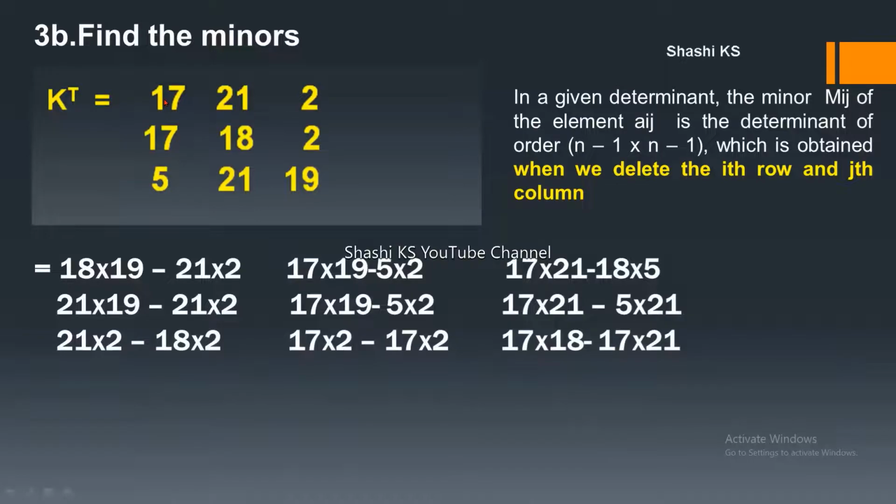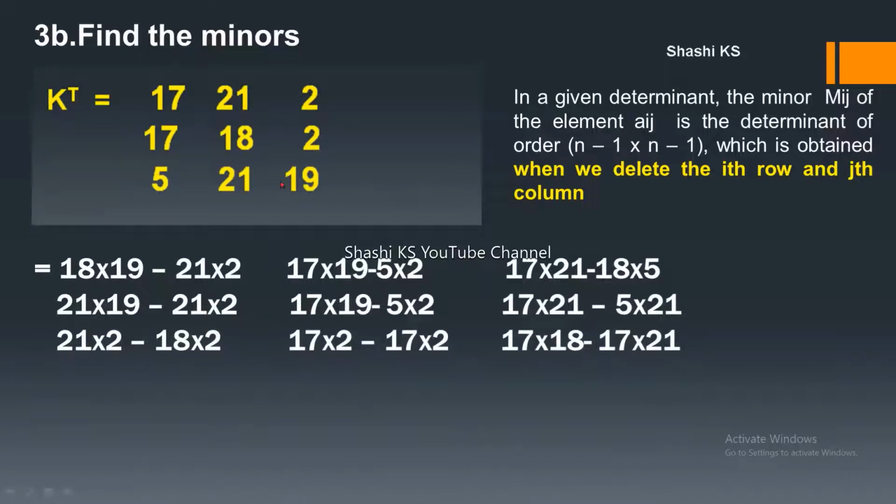So for the element 17, delete the first row and the first column. The first row is 17, 21, 2, and the first column is 17, 17 and 5. Hide the first row and the first column. When you hide them, the corresponding elements you have got are 18, 2, 21 and 19.